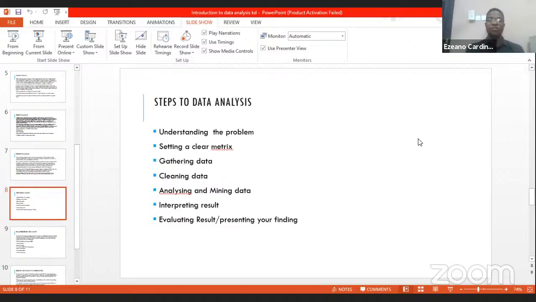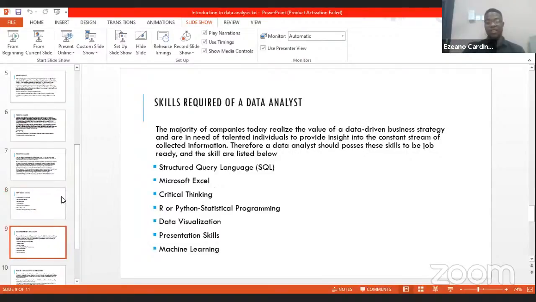This is where you present the result of your findings, which is the product you made out of the data you are provided with, for them to understand what you are giving them. So after interpreting, you evaluate and then present your findings. These are the steps a data analyst takes to come to a positive result and give an organization an understanding of the raw data you got.